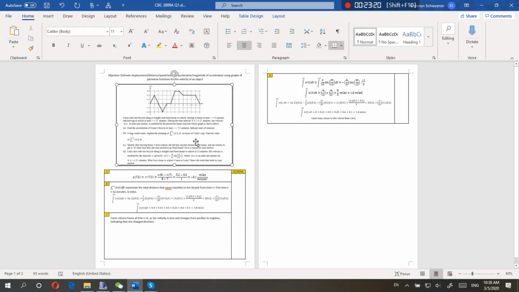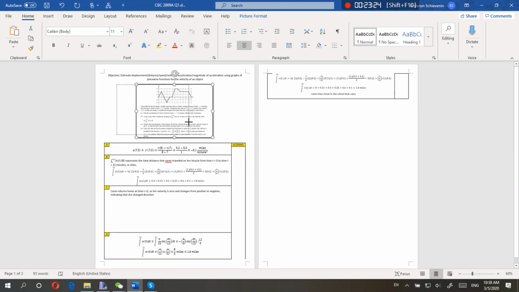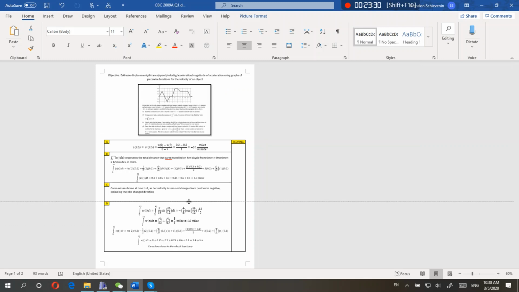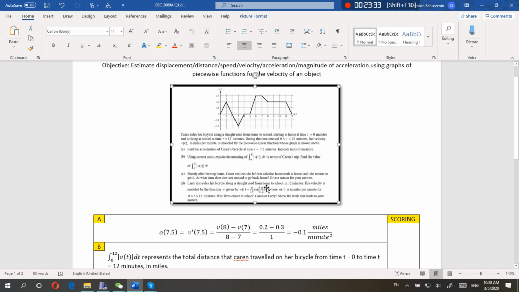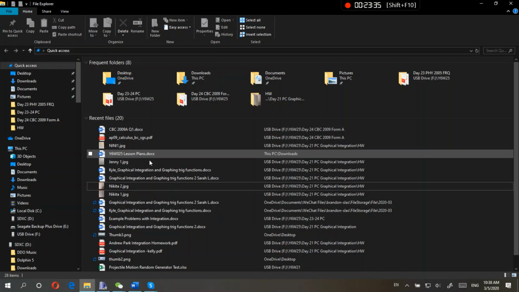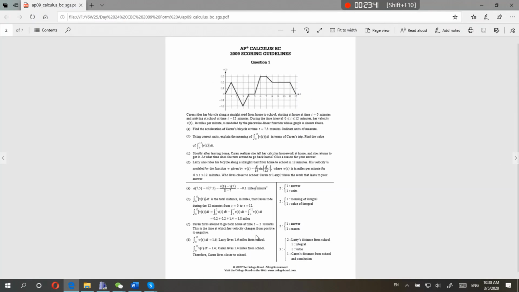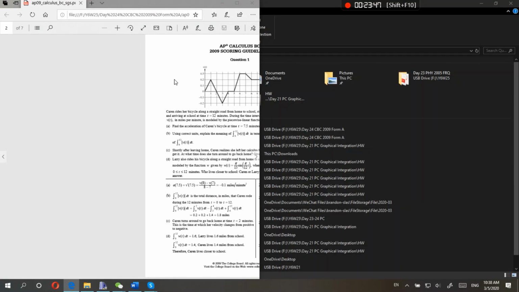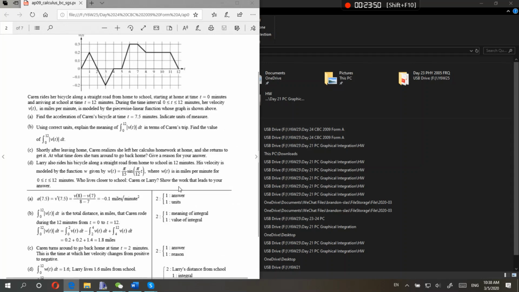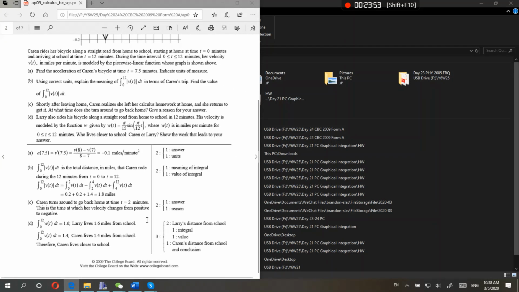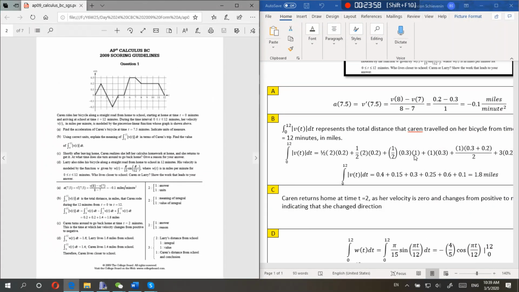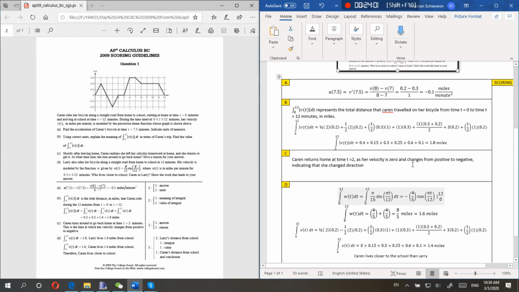Nope. Okay, I'm gonna shrink this and then we'll take a look at the scoring guide really quick. Okay, so first part.